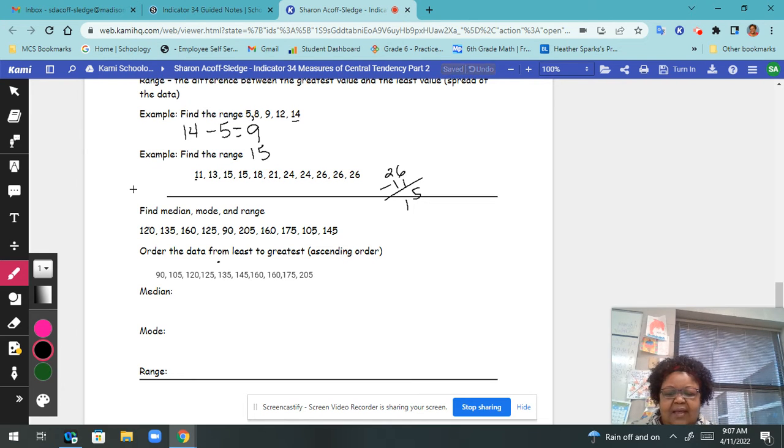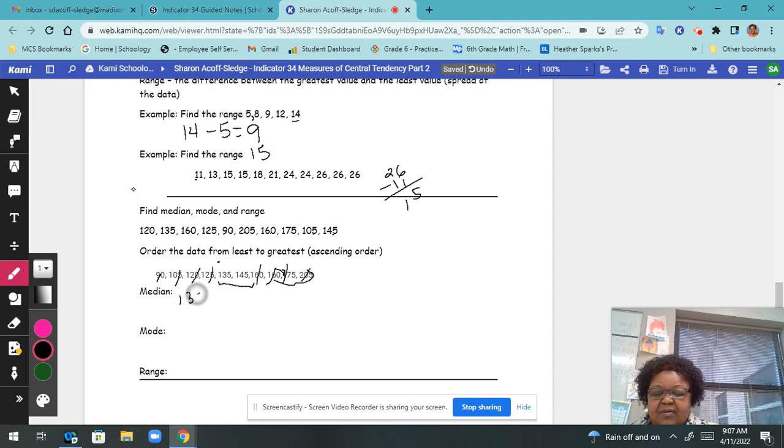Now my median, I was thinking mean. My median is my number in the middle, so I'm going to mark these off from each extreme. And I have 10 numbers, so I know I'm going to have two in the middle. So I have these two in the middle.